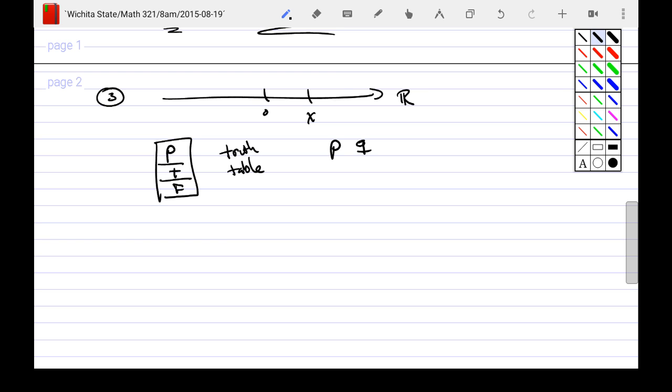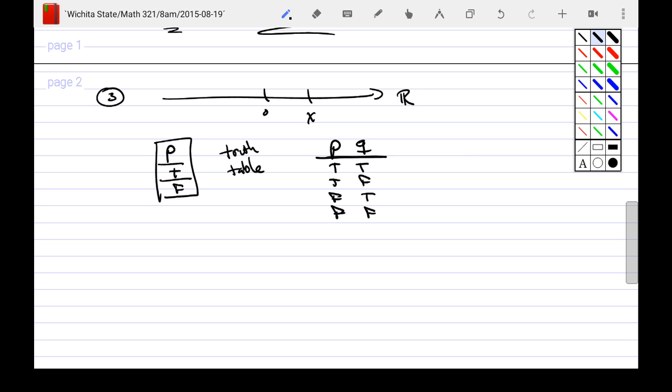What can P be? True or false? What can Q be? True or false? What are all possible combinations of those two things? True, true, true, false, false, true, false, false. So that's the truth table for 2 things, right?